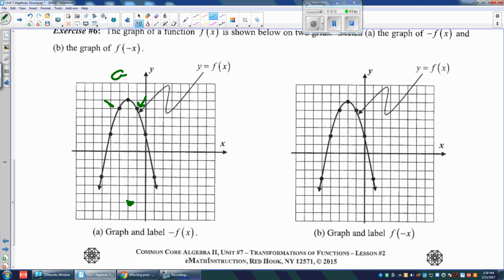These 2 points here are just one closer to the y-axis, to the left and to the right. That one is now down 2, it's up 2, so I go down 2. This one is up 2, so I go down 2.